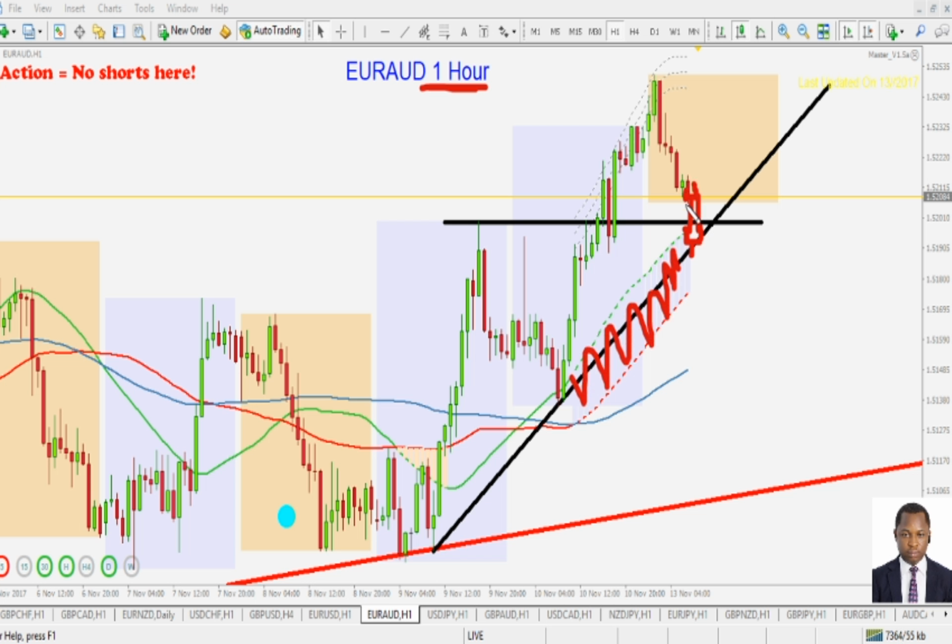You want to see at least just one candle close inside the dynamic area of support. One candle is perfect. Two candles, three candles is okay, but not too much.